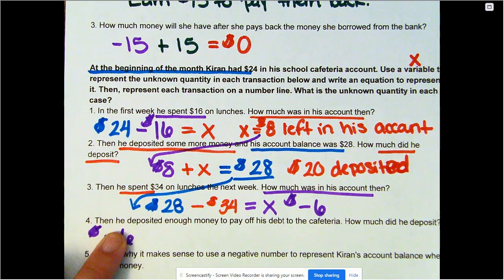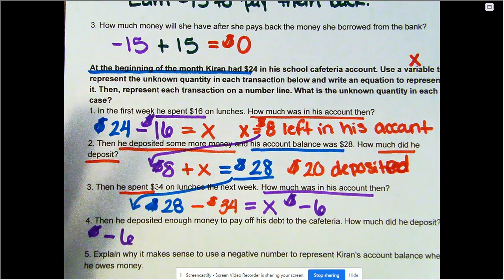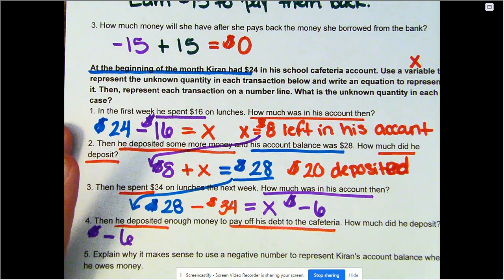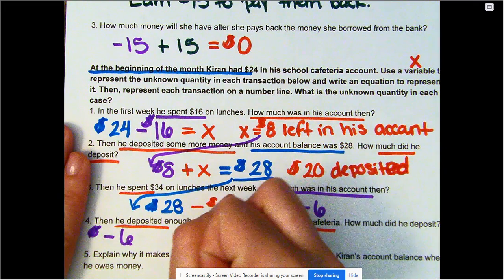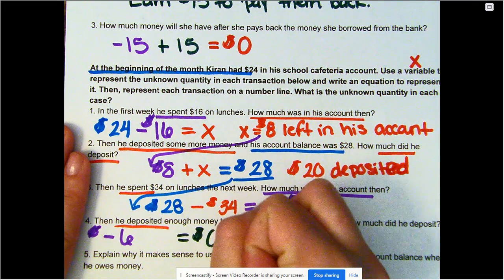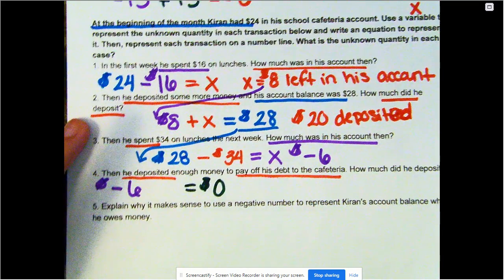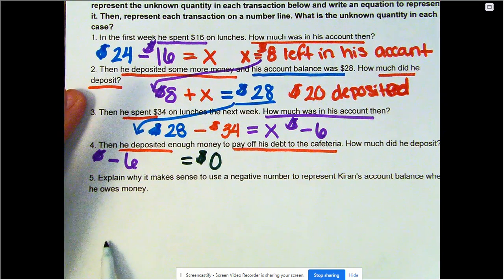Then he deposited enough money to pay off his debt. If you deposit enough money to pay off somebody's debt, that means your total is coming out to $0, so you don't owe that person anymore. Let's think of opposites, and also on a number line. I'm going to visualize this one real quick.